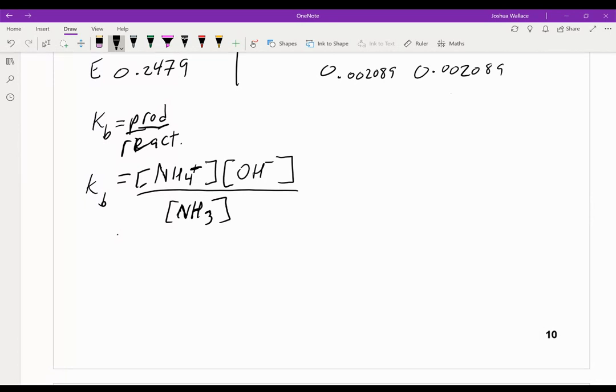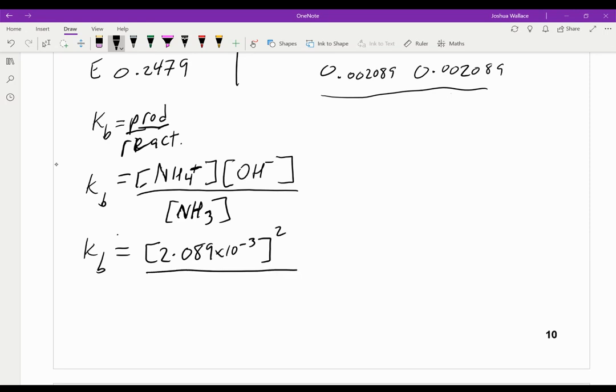That's my Kb expression. I'm going to take these values: 2.089 times 10 to the negative 3, and I'm just going to square it, because NH4+ and OH- are the same, over my concentration of NH3, which is 0.2479.